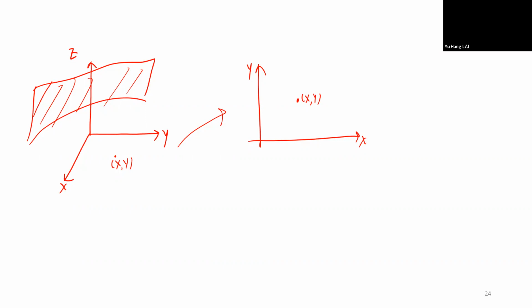The two variables that we use in polar coordinates are, first of all, the distance from the origin to your point, which we call r. The other is the angle between this dashed line and the x-axis, which is this theta. That means for any point in the xy plane, we can use either xy or r theta to locate that point.